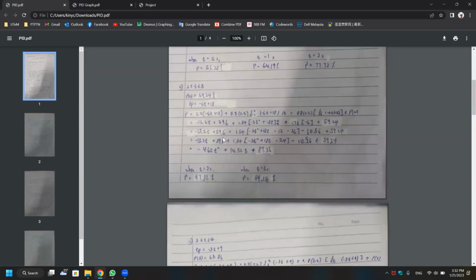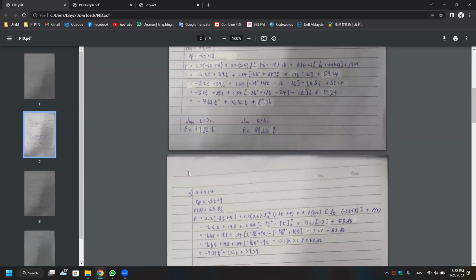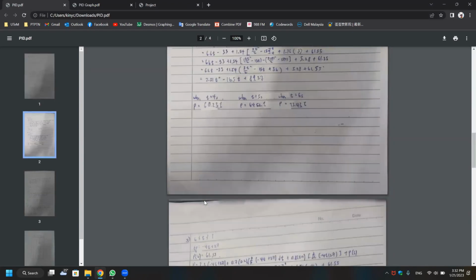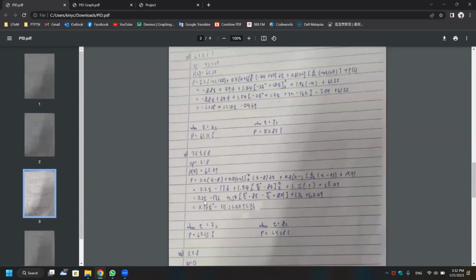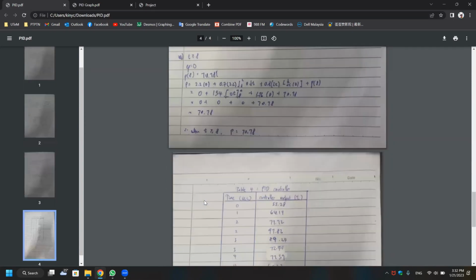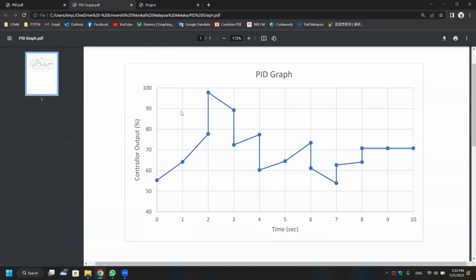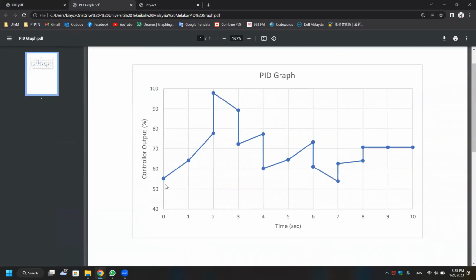The calculation is the same and so on. So as the result, this is the result at the end. From this, I plotted the graph using Microsoft Excel and I got this graph. Okay, that's all. Thank you.